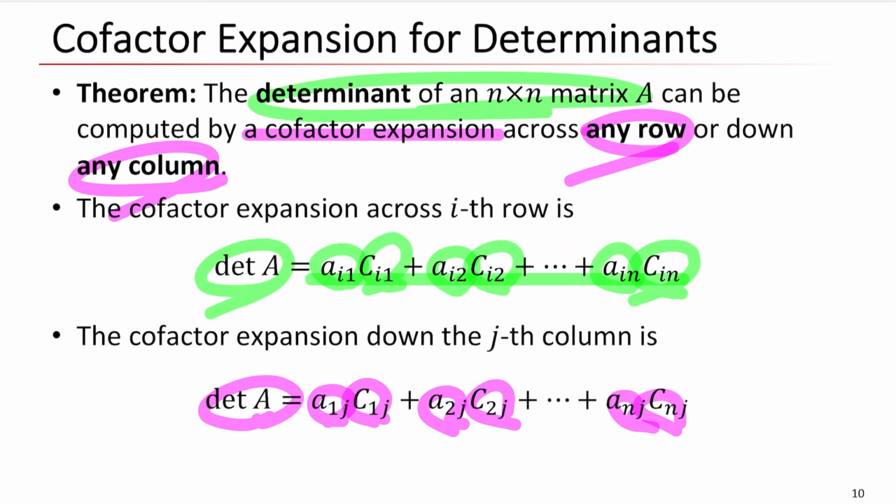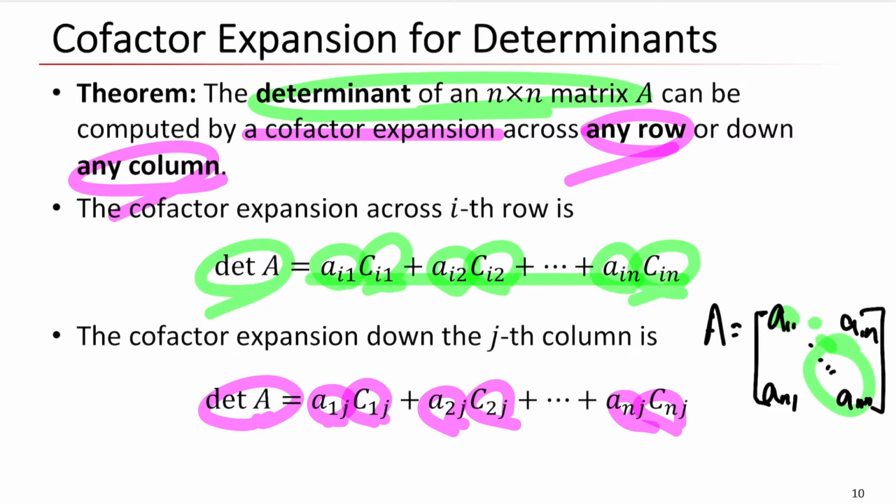Let's redraw here. Let's say there is a matrix A, something like A11. Then we can compute the determinant using this one, or this one, this one, this one.